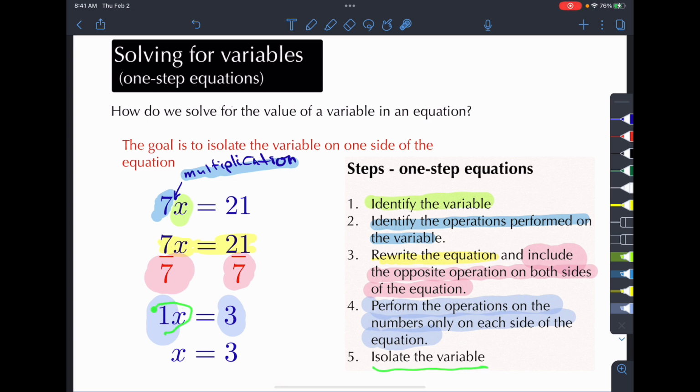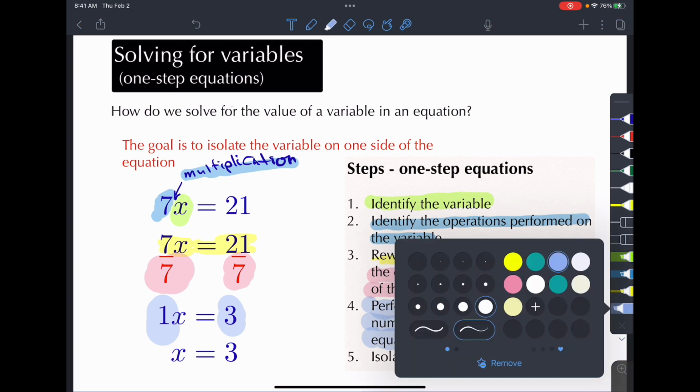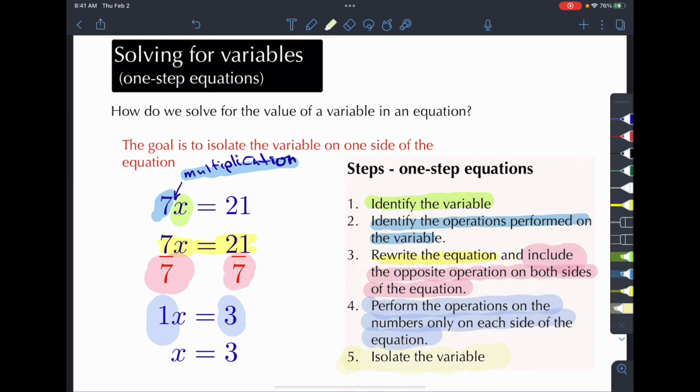If we look at where we are, we have 1 times x. 1 times a number is always that number. And remember, x is a variable, it just represents a number. So 1 times x is just x as well. Number 5 here, we can just write 1 times x as x.